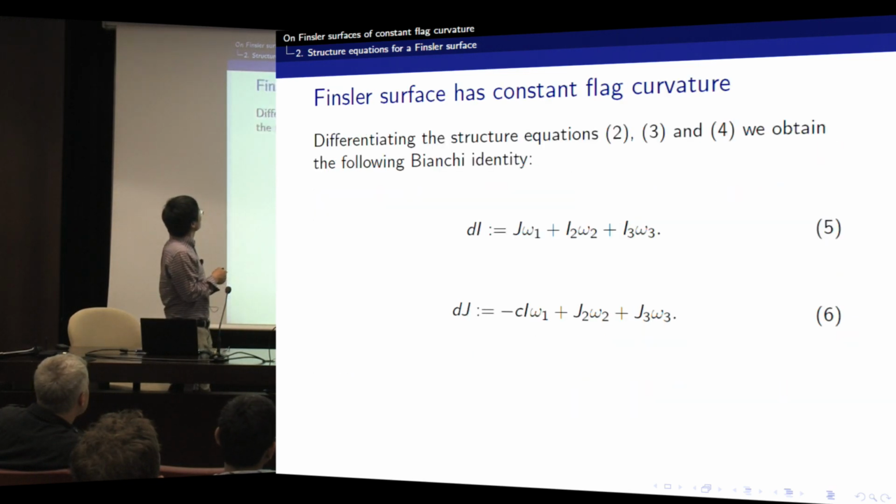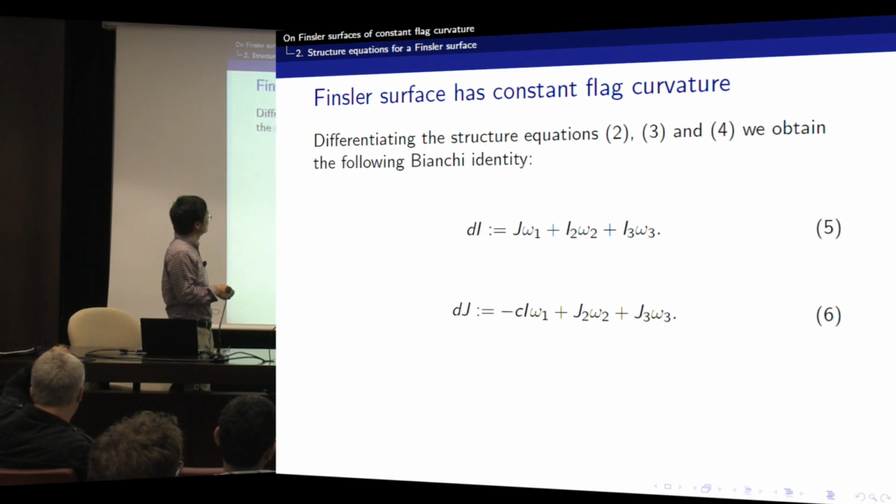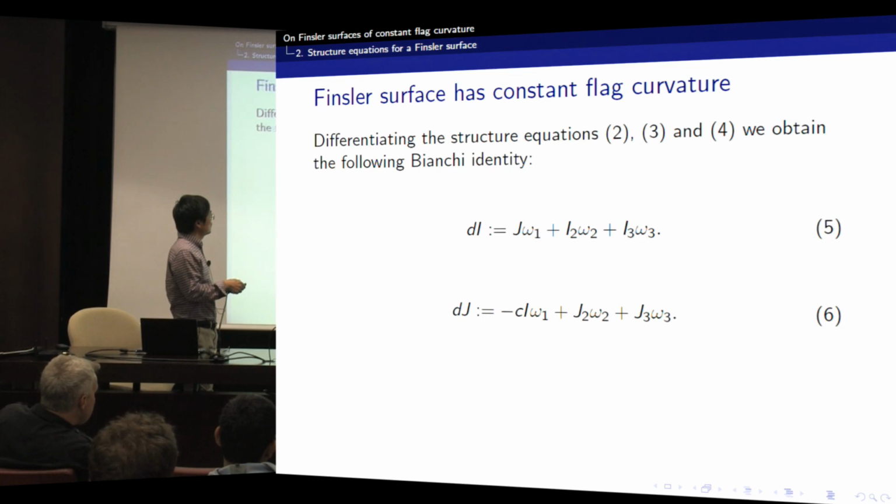Now we discuss a Finsler surface with constant flag curvature. We suppose the constant flag curvature equals C. Consider the Finsler surface which has constant flag curvature C. Differentiating the structure equations 2, 3, and 4, we obtain the following Bianchi identity. dI equals J omega 1 plus I2 omega 2 plus I3 omega 3.